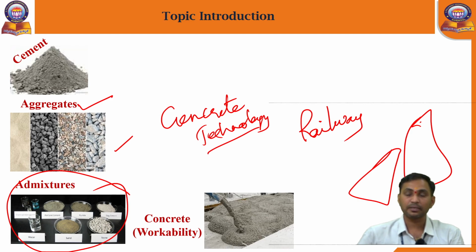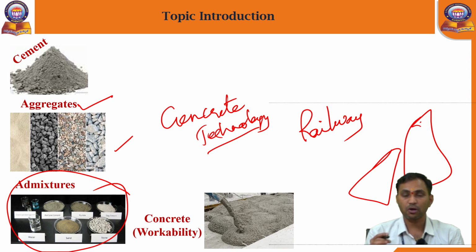And next, coming to another lecture, that is workability of concrete. In course outcome 2 that we have discussed, the student has to identify the characteristics and quality of concrete by conducting tests on fresh concrete.